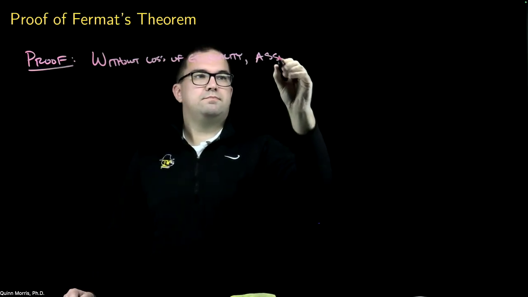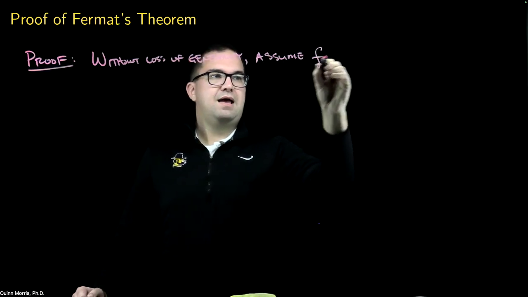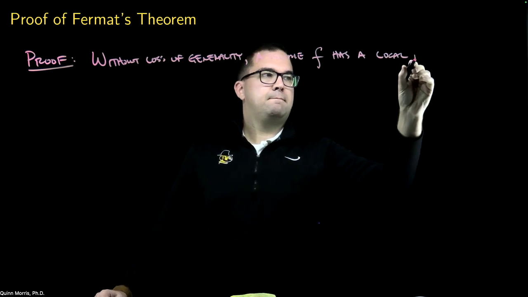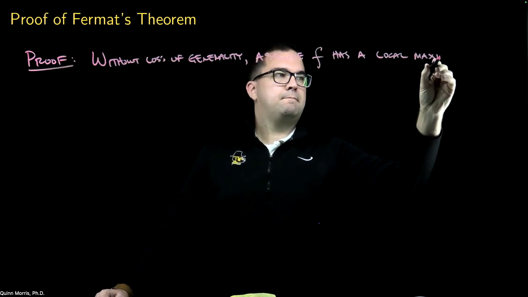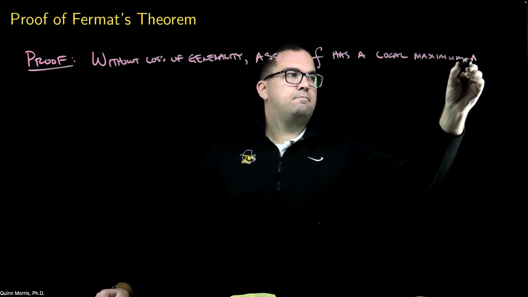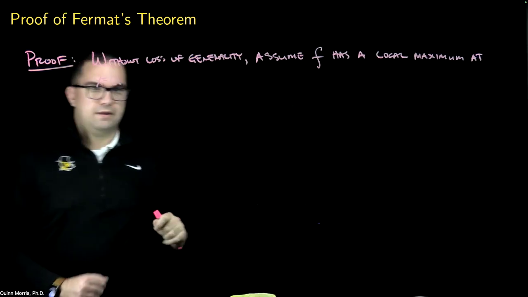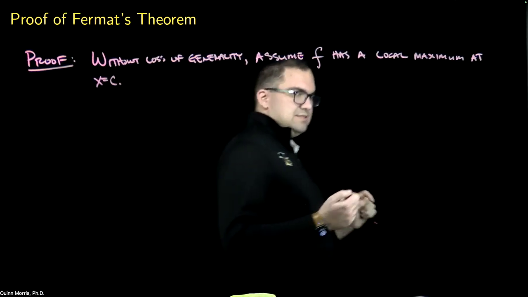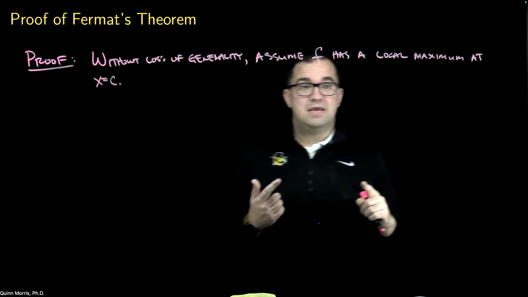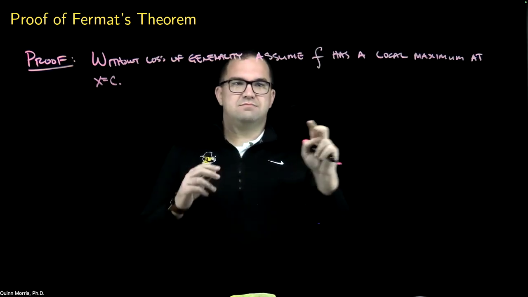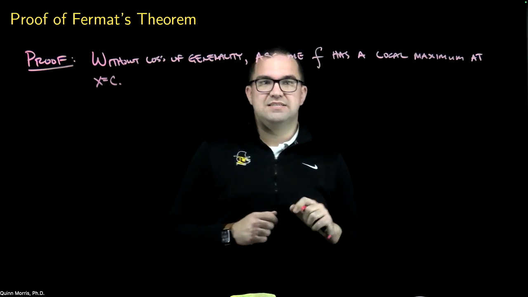we're going to assume that f has a local maximum at x equal to c. All right, well, what does that mean? That means that f of c is greater than or equal to f of x for all x nearby the point c.